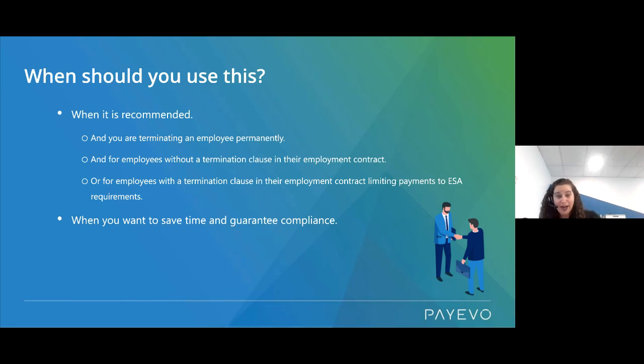Now, remember, I said that it errs on the side of caution, and there are some things that it doesn't know. So this is where the second part comes in: it's recommended, and you're terminating the employee permanently. My favorite example of this is code K13 on your reasons for termination, which is other / change of company ownership.